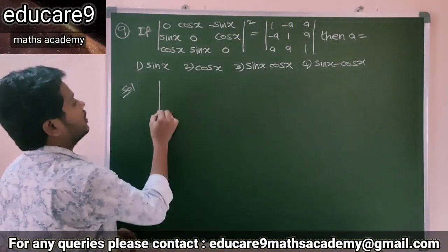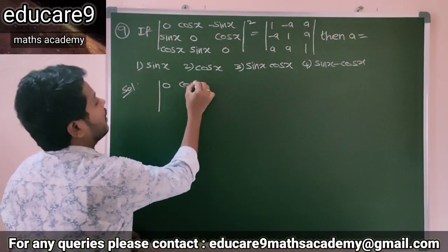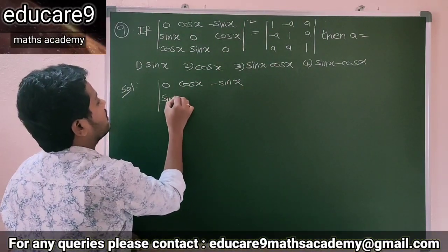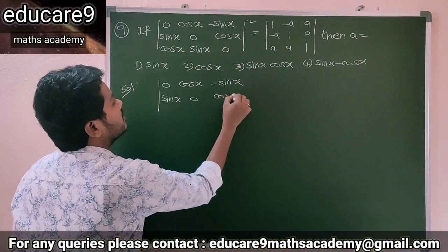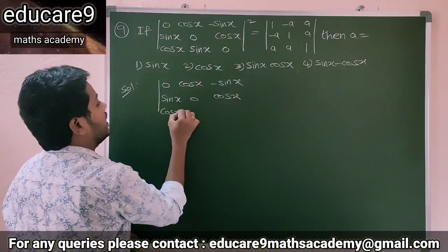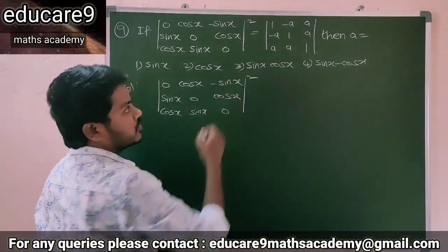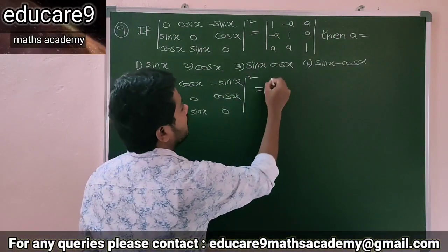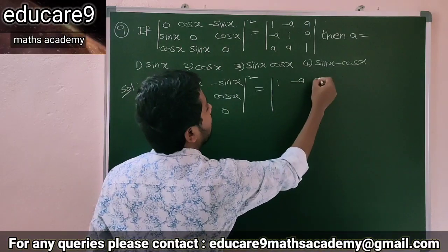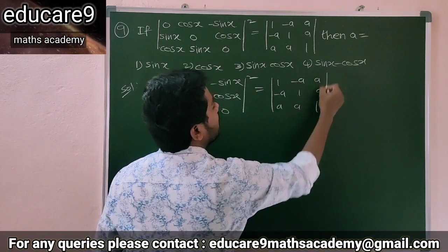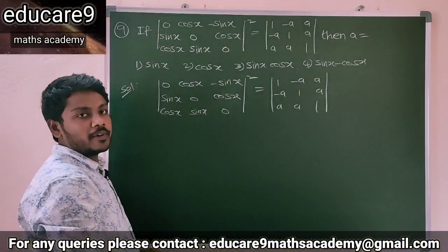Given the matrix [0, cos x, minus sin x; sin x, 0, cos x; cos x, sin x, 0]. Its whole square value is given, that is [1, minus a; minus a, 1]. Now find the value of it.